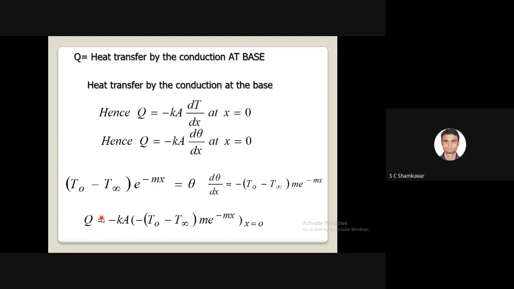Now q is equal to minus kA times minus this term, (T naught minus T infinity) into m e to the power minus mx, but at x is equal to 0. Understood this step?